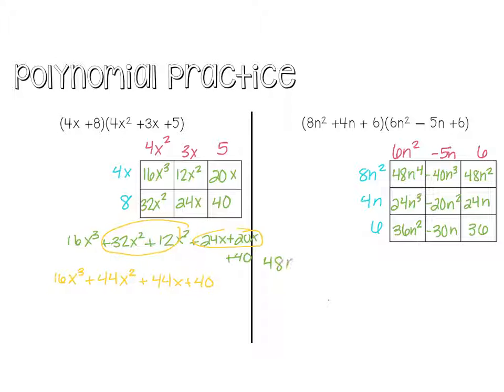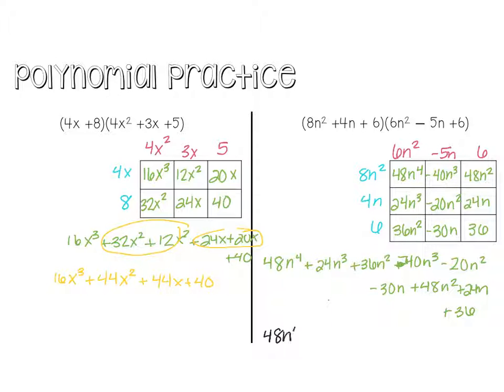So 48n to the fourth plus 24n cubed plus 36n squared minus 40n cubed minus 20n squared minus 30n plus 48n squared plus 24n plus 36. And remember, you can only combine the things that have the same exponent. So in my final answer, I'll have 48n to the fourth.